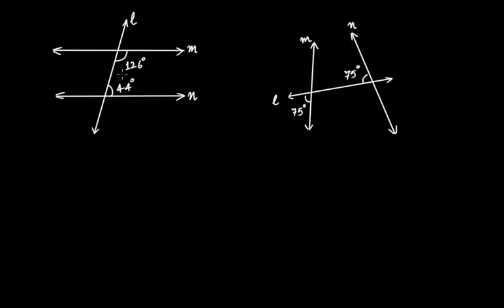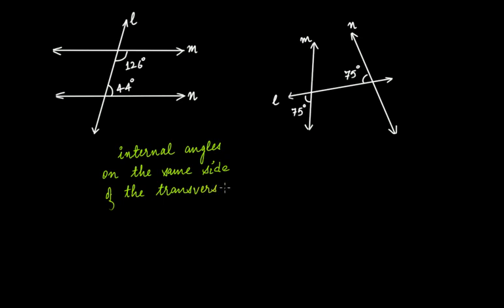Now, we can see that these two angles are internal angles on the same side of the transversal. 126 degrees is an internal angle, 44 degrees is an internal angle, and they are on the same side of the transversal. That is, in this case, they are towards the right of this transversal.